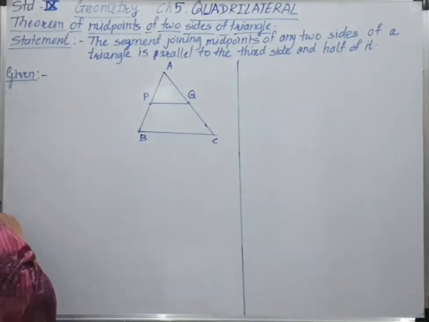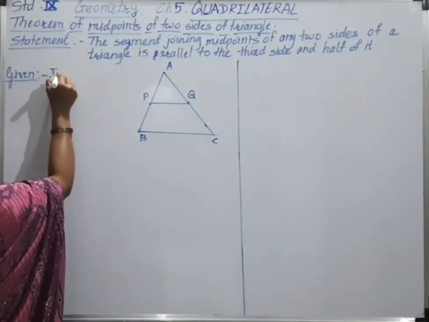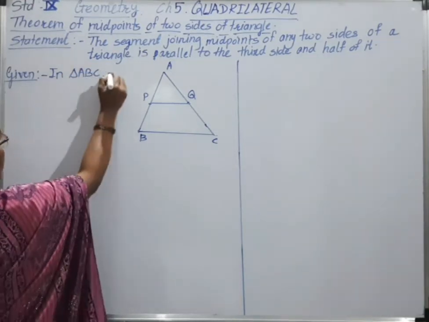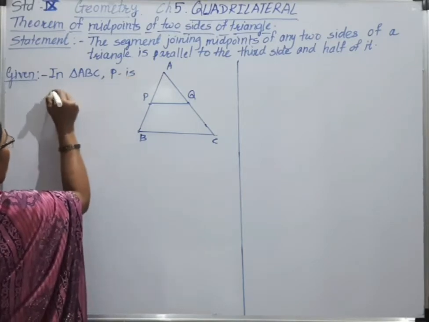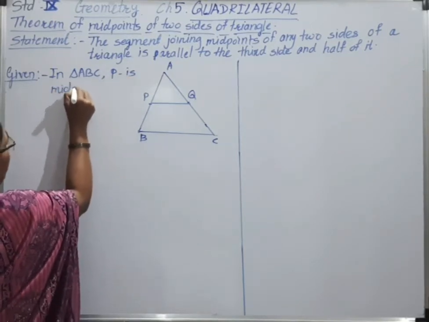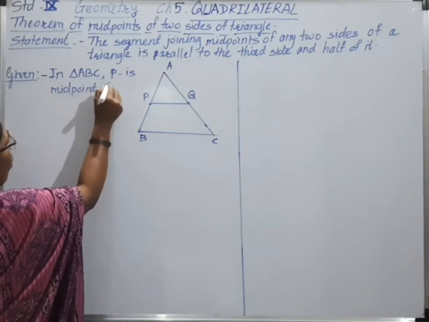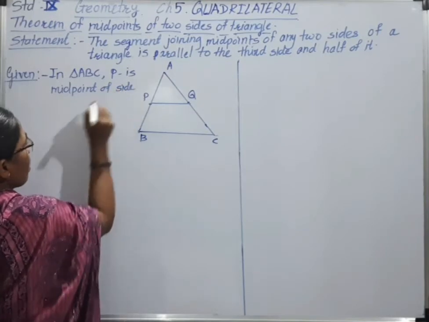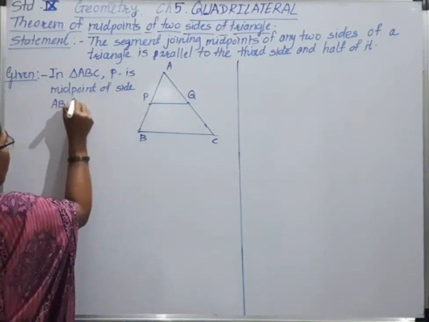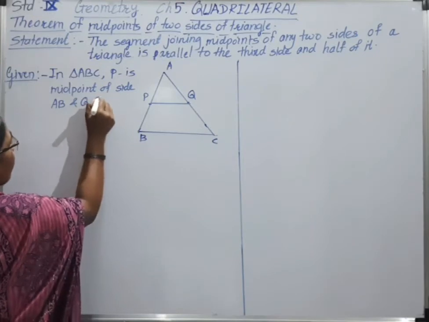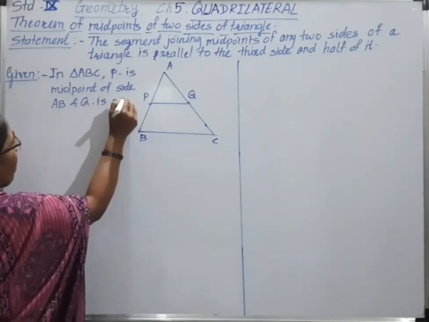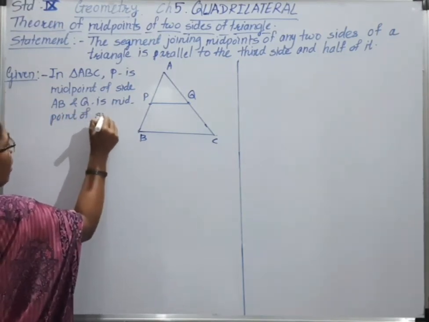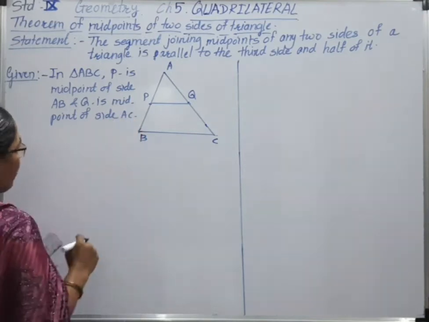Now first we have to write here, given: in triangle ABC, P is midpoint of side AB and Q is midpoint of side AC.